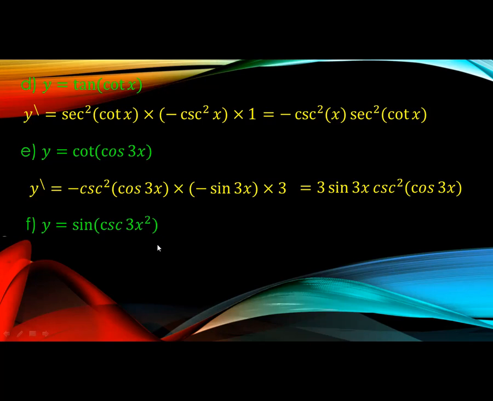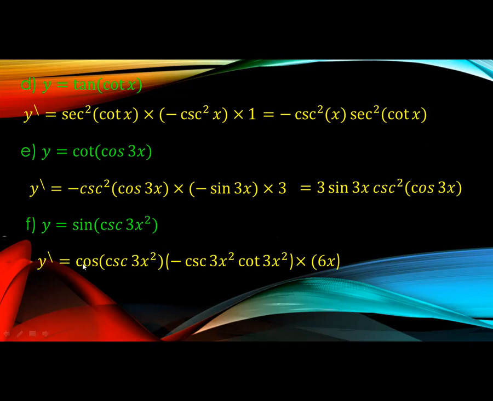Next exercise, letter F, y equals sine of cosec (3x power 2). The first derivative of sine is cosine of the same angle, cosec (3x power 2), multiplied by the derivative of the angle, the cosec (3x power 2).